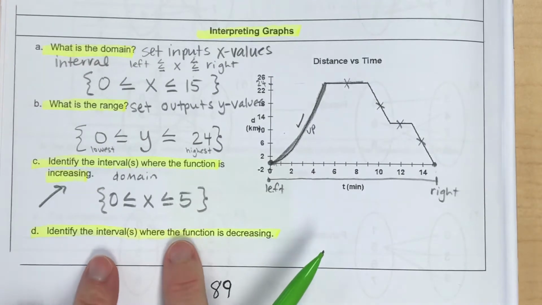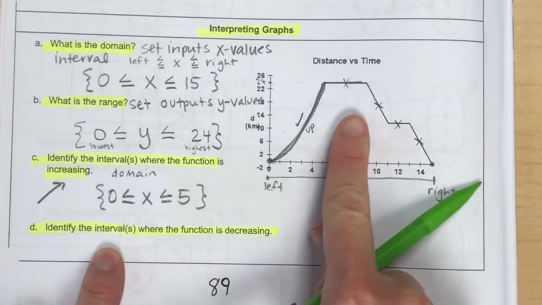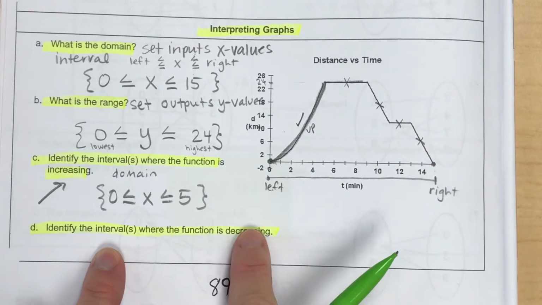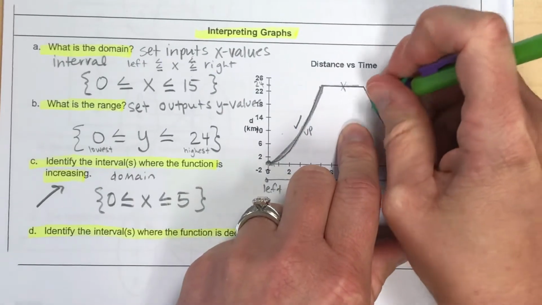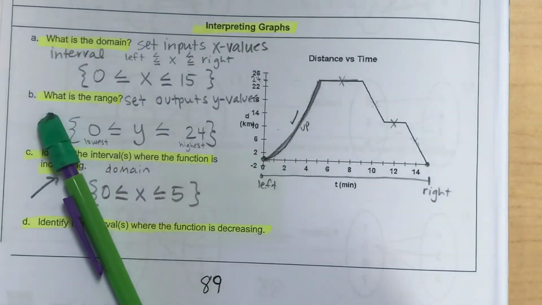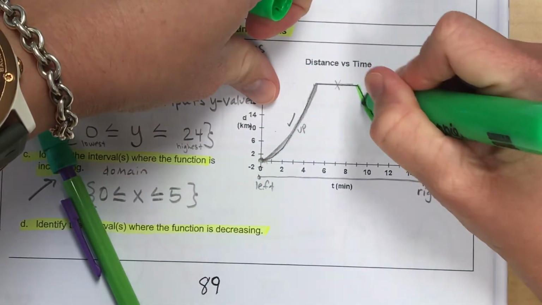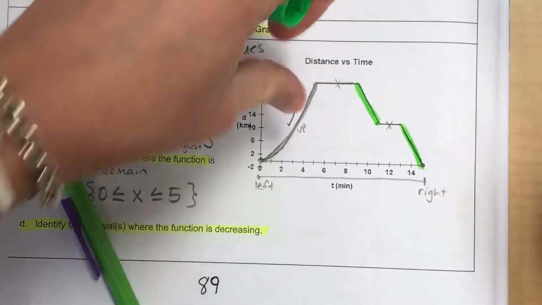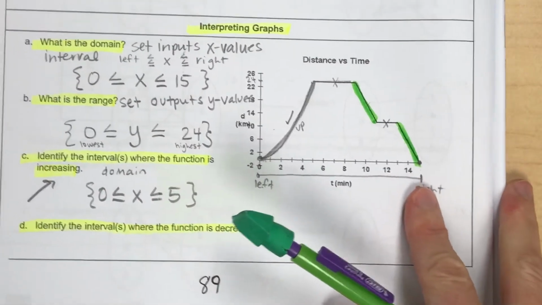And then the last question says identify the intervals, maybe interval or intervals, where the function is decreasing. It looks like there may be 2 here because we noticed that there are 2 places where our graph goes down. Let me highlight this piece here. From this section here and this section here, we're going to label those two intervals. And again, I'm going to use my inputs to talk about that.